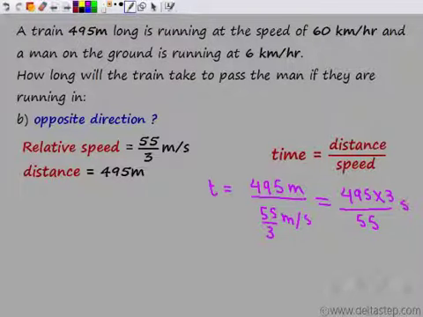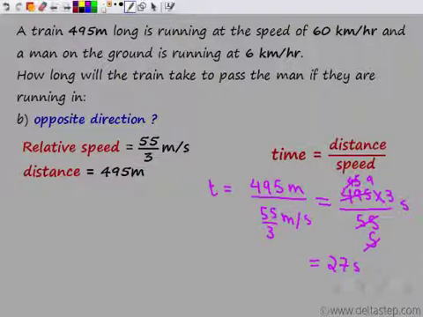So dividing by 11, 11 5s are 55, 11 45s are 495. So I get 45 into 3 by 5. Further I can divide this by 5, 9. So I get 9 into 3, which is 27 seconds.